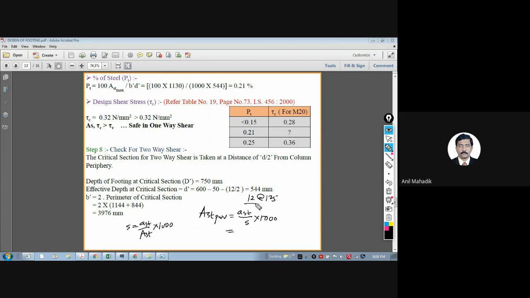The area of a single 12 mm bar is 113, then spacing is 125, into 1000. How much is this coming? Ast provided. Is it correct? Not sure. I think capital Ast should be at the top and small Ast should be at the bottom. Is it happening like this?